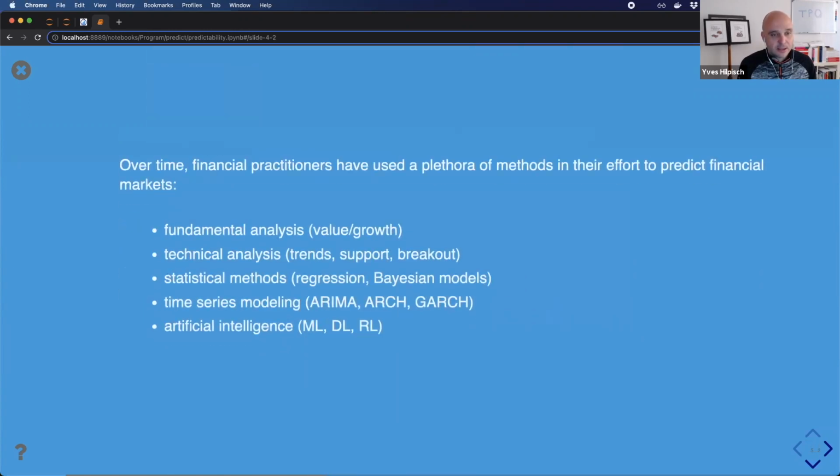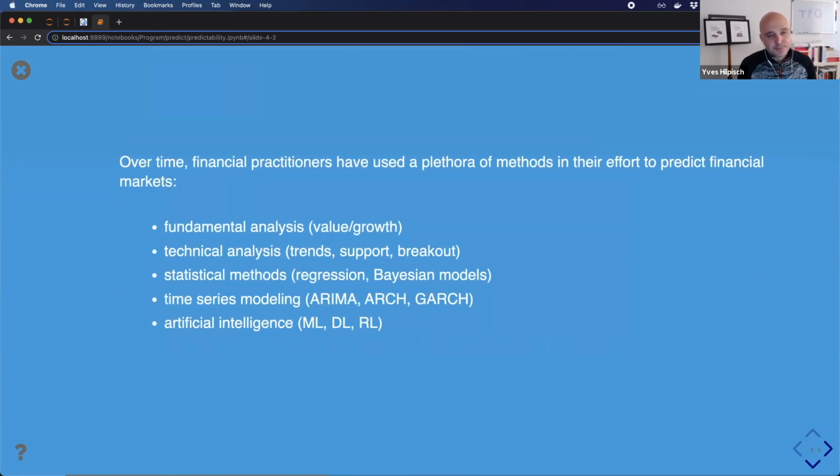I mean, that's like a large field, right? But over time, financial practitioners have used a plethora of methods in their effort to predict financial markets, among them fundamental analysis. I don't know the exact number, but there are still thousands of people around the globe who spend the time analyzing companies, speaking to CEOs, to CFOs, analyzing reports, doing peer group analysis, sitting in front of the Bloomberg terminals and gathering data, right?